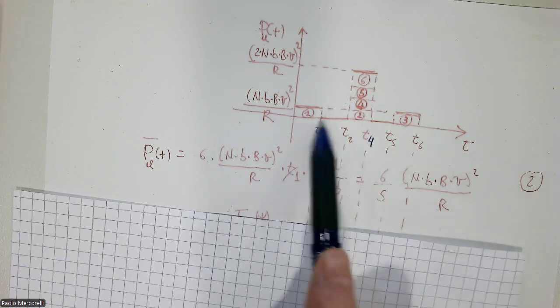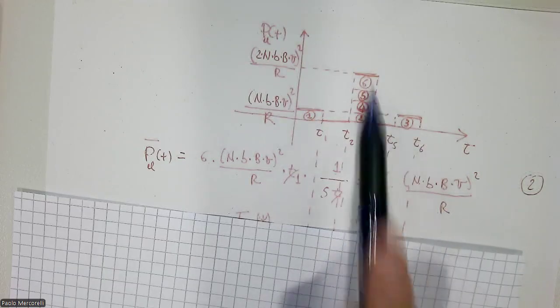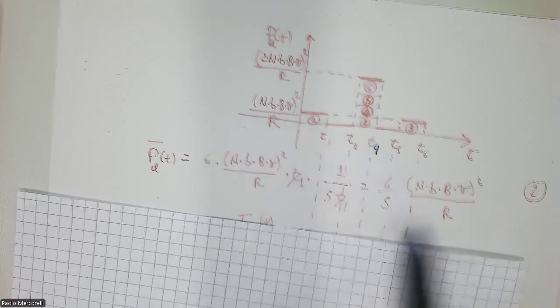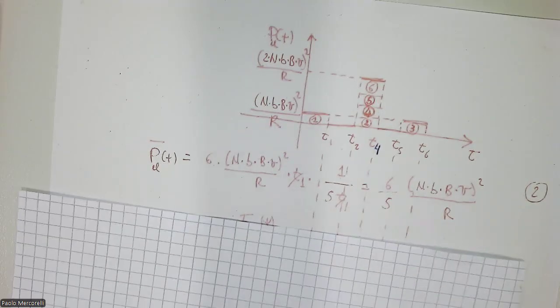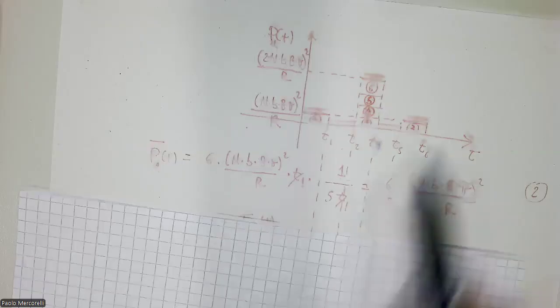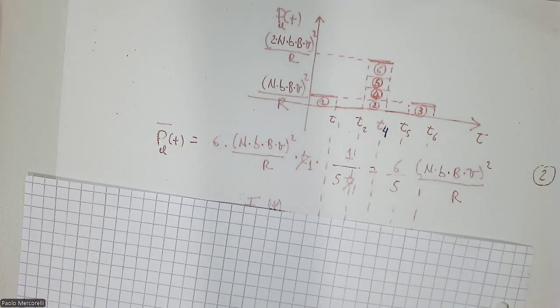The rest does not change. But look now what I put here to calculate quickly without using the integral. But you can use the integral if you don't like this way to proceed. This is a way to proceed. It's an integral basically.